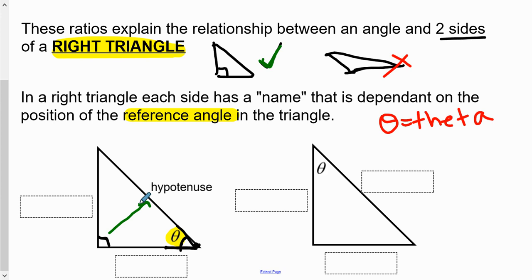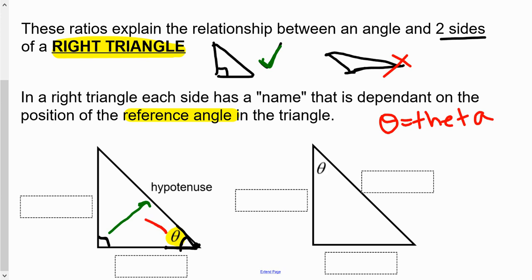The biggest angle in the triangle is going to create the longest side length. So we have our hypotenuse. That one we can label not necessarily based on our reference angle, but based on the triangle we see and where our right angle is. We're then going to describe our other two side lengths based off of that angle.